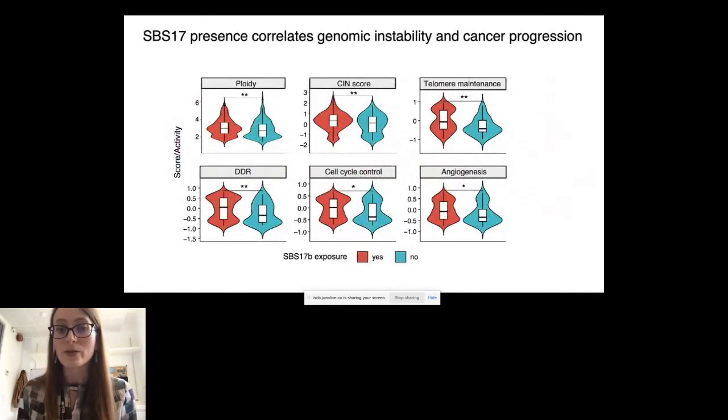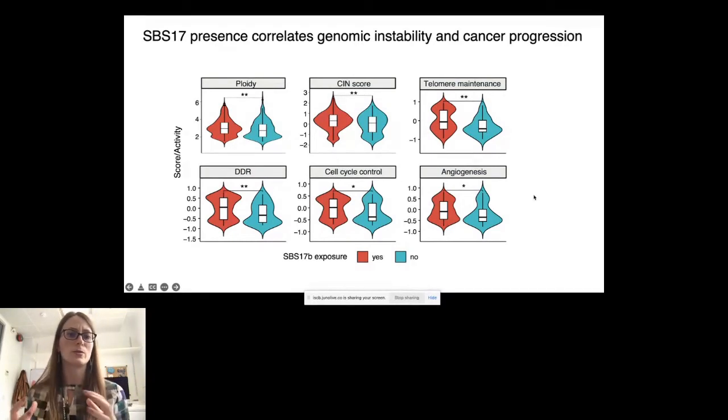Now we do see that signature 17 also displays hallmarks of genomic instability. So samples that have been exposed to this process have an increased ploidy, an increased chromosomal instability, here shown in red, and also increased processes that have to do with telomere maintenance, DNA damage repair, cell cycle control, and angiogenesis.